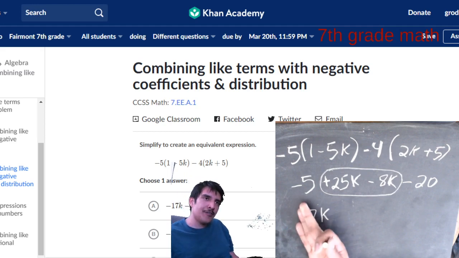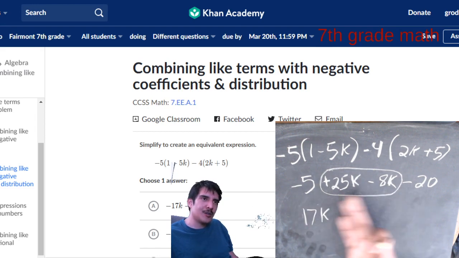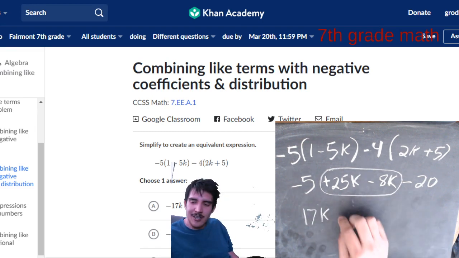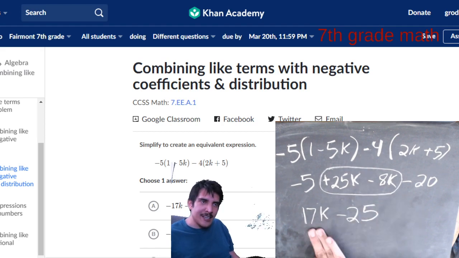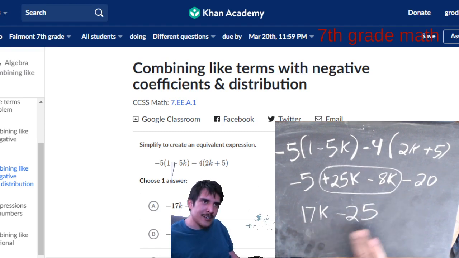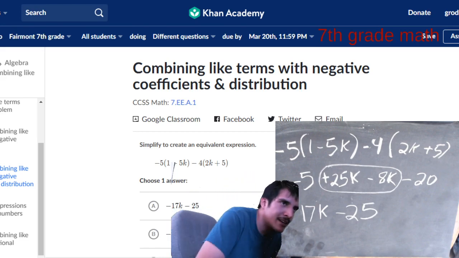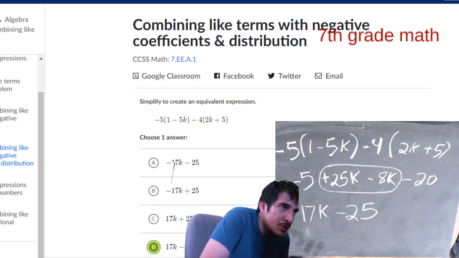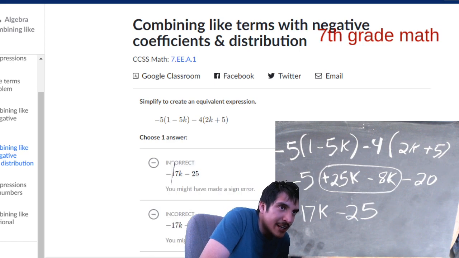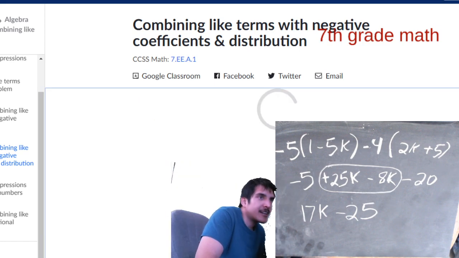And then negative 5 minus 20. So you lose $5, then you lose $20. You lost $25. Are these like terms? No, they're not. So you just write them like that: 17k minus 25. Boom. Check. Yes.